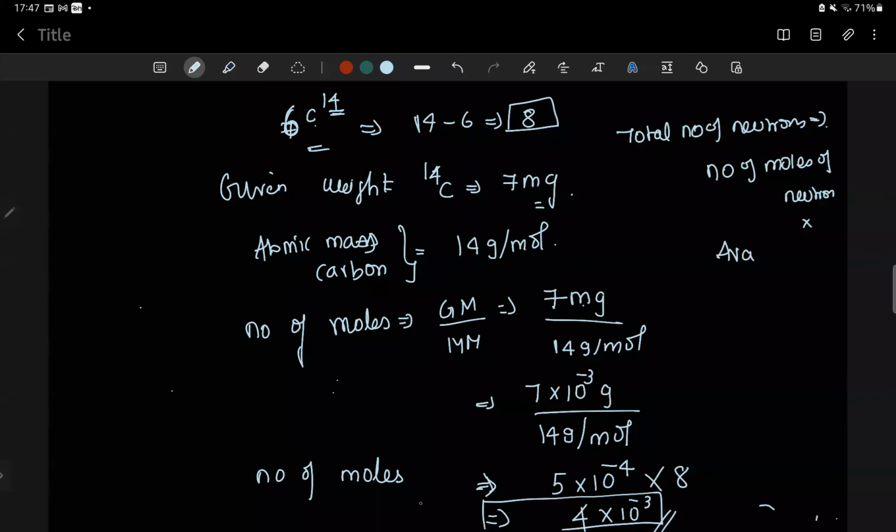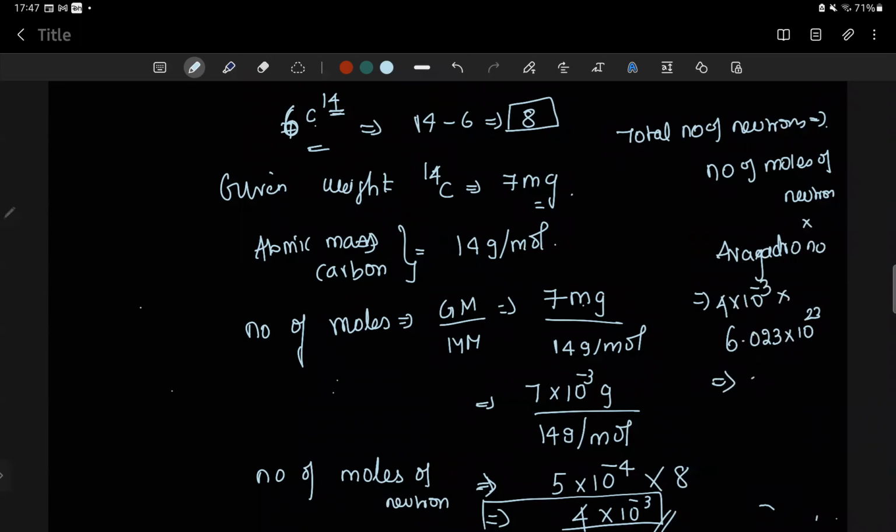Here we have got the number of moles of neutron. Just multiply it. So total moles of neutron is 4 into 10 to the power minus 3 into Avogadro number, 6.023 into 10 to the power 23. A simple multiplication gives you the answer.